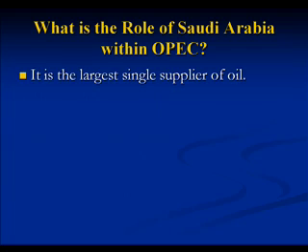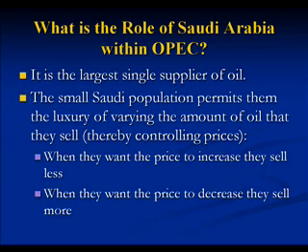So Saudi Arabia is an important player in all this because it's the largest single supplier of oil and also has the largest proven reserves. The small Saudi population permits them the luxury of varying the amount of oil they sell, and they have the potential to be the enforcer of OPEC price and production quota agreements.